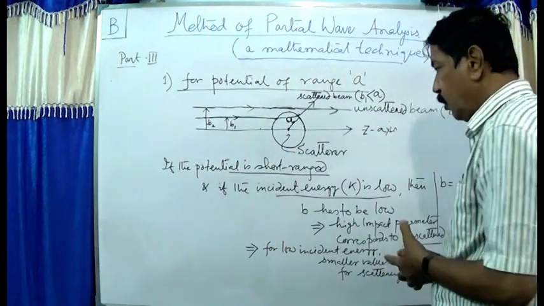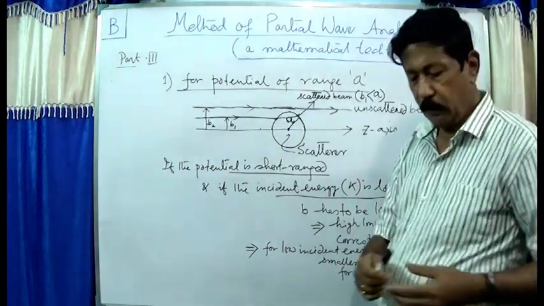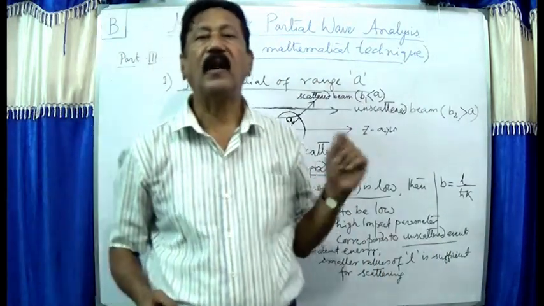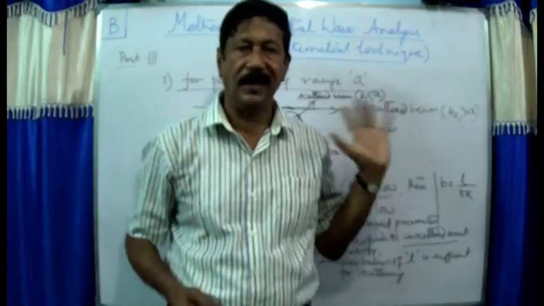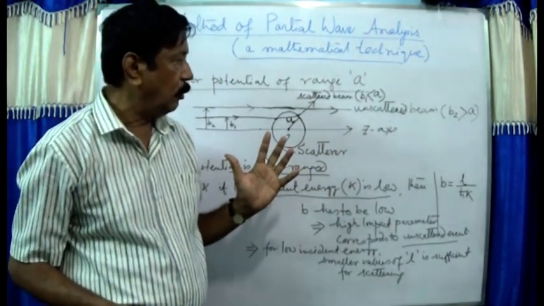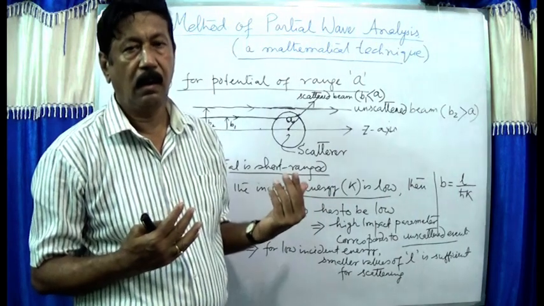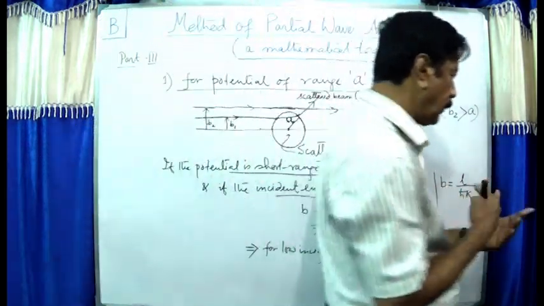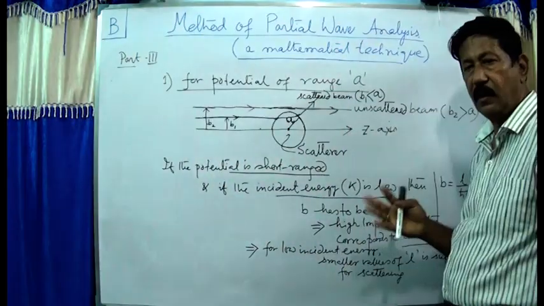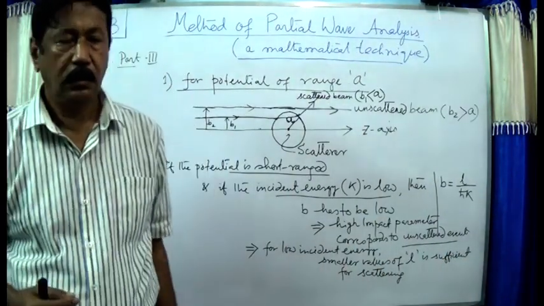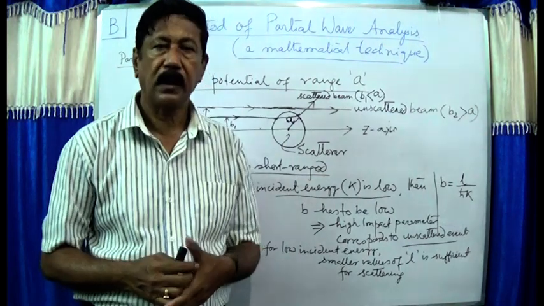That is, if the energy is low, we need to consider small values of angular momentum L. So that higher order partial waves will not be in our consideration. We need only the lower values of L.